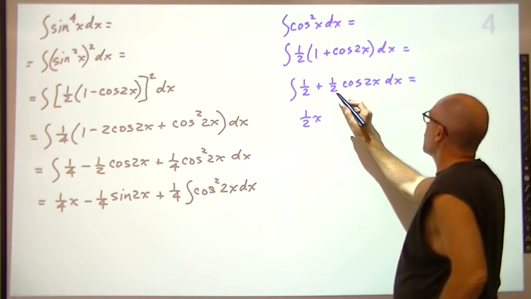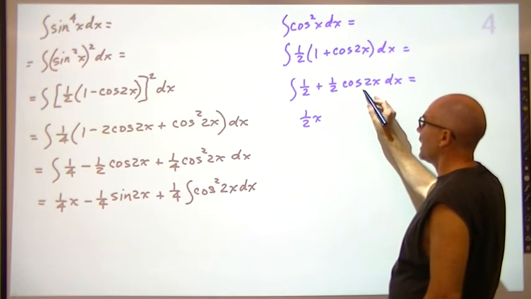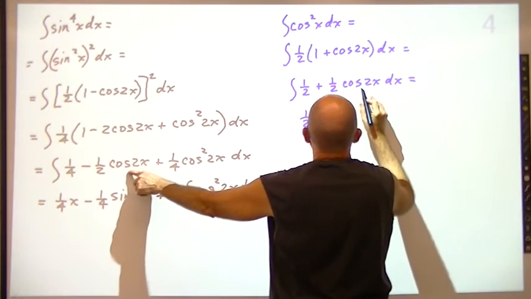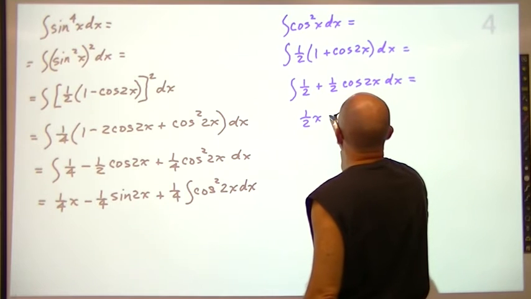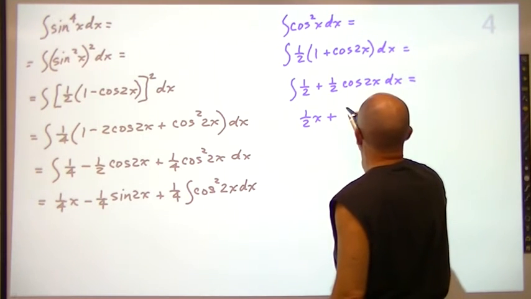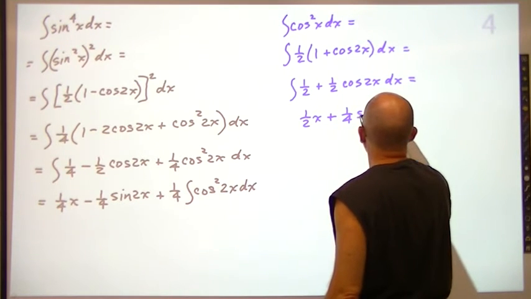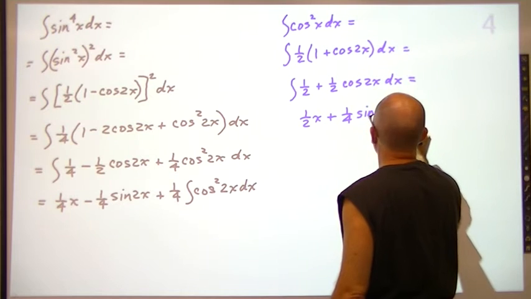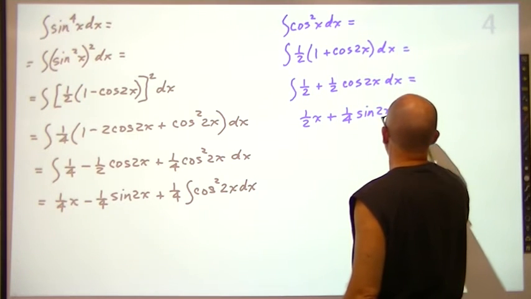Now, the integral of cosine is sine. We just did that exact thing right here. So we've got plus 1/2 sine 2x times 1/2, which is going to be 1/4 sine 2x. Plus c, senor.